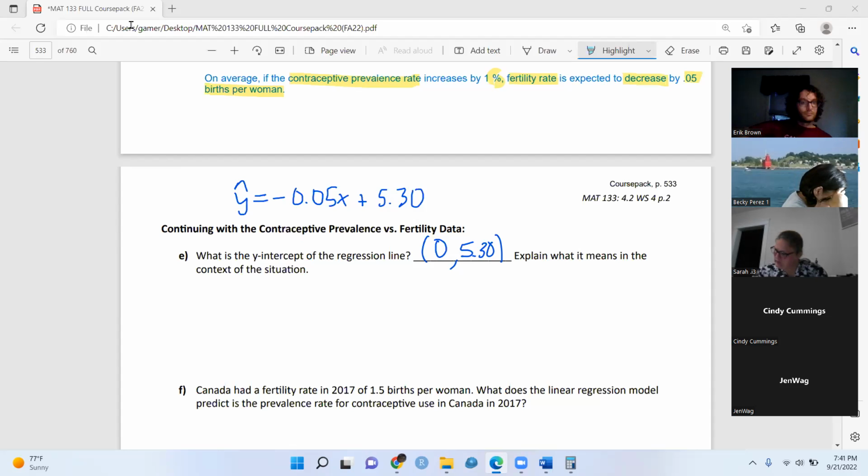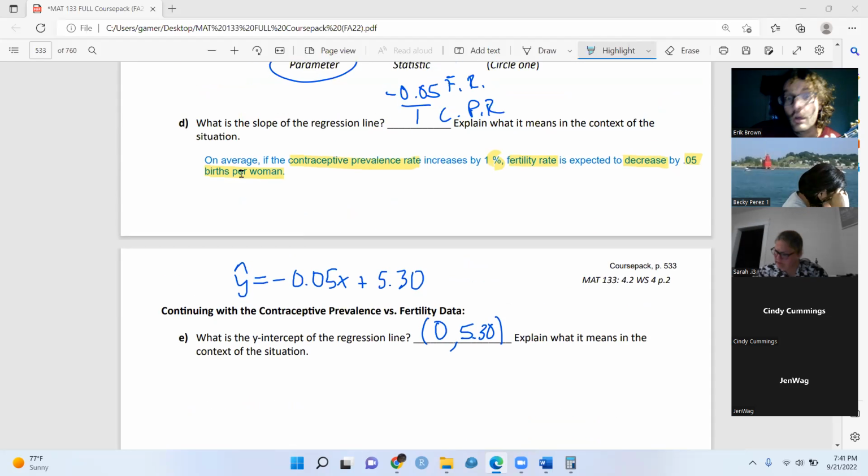So do I say for E, on average, if the CPR increases by 1%, fertility rate is expected to decrease by 0.05? For D, yes.